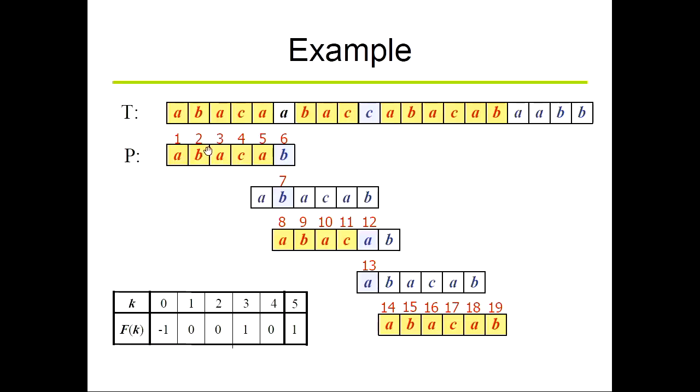We know that if they don't match here, first of all, you need to put yourself in the mindset of the person who invented this algorithm. He's trying to stare at this and see what's the maximum I can shift this pattern, not just shift by 1.